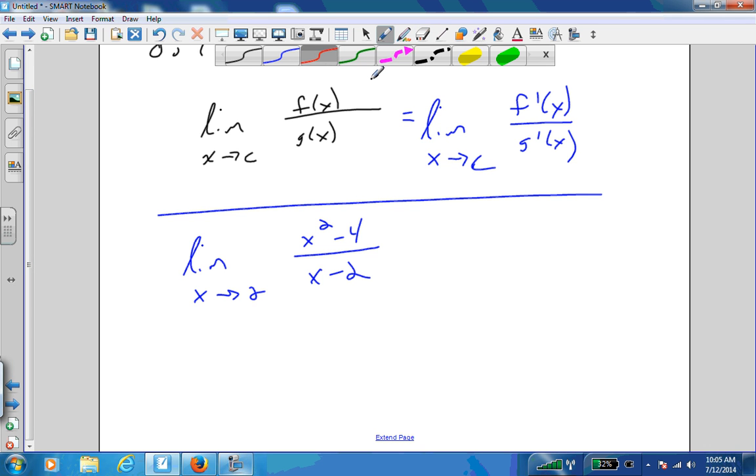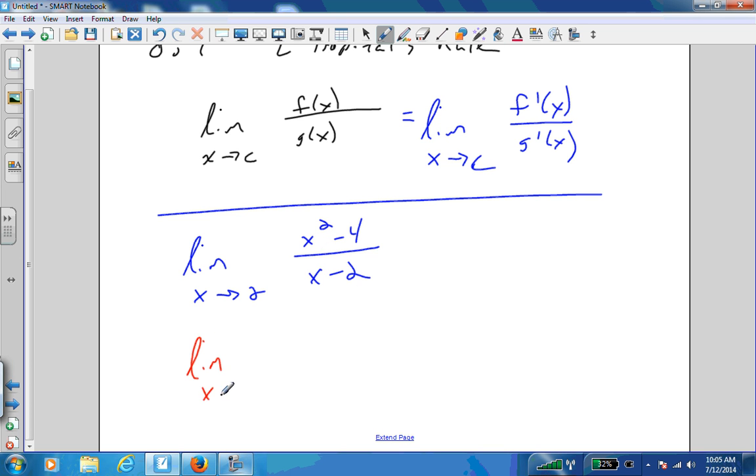So in the past, we did algebra to simplify this to something that was not indeterminate. But something that we can do is we can apply L'Hopital's rule. We can take the derivative of the numerator over the derivative of the denominator. And if we take that limit as x approaches 2, notice we get 4.